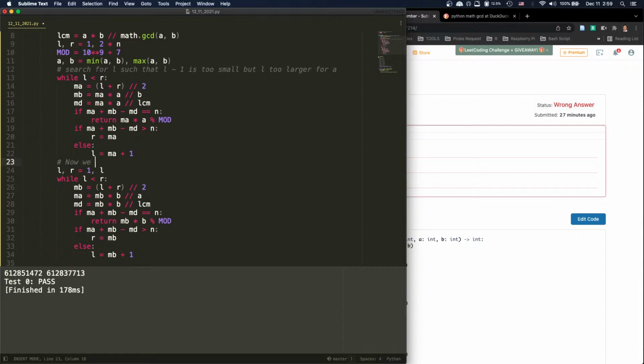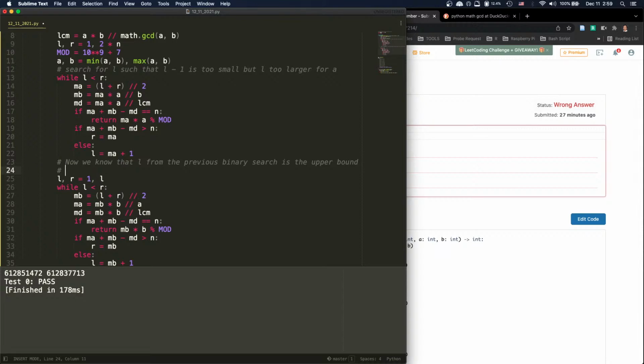Now we know that L from the previous binary search is the upper bound. It cannot be larger than L. It is the upper bound.